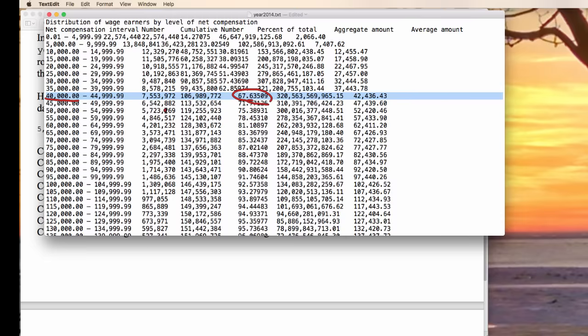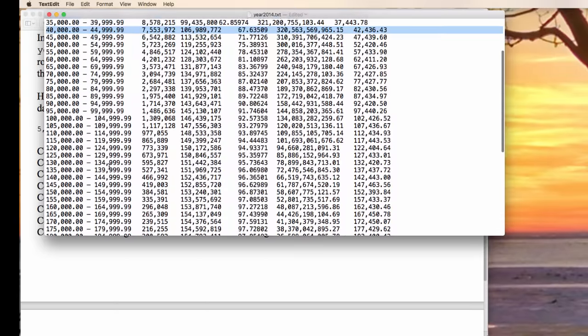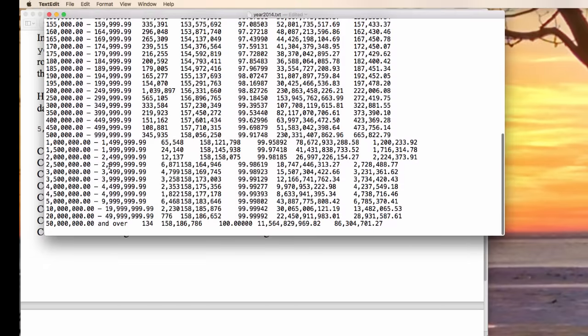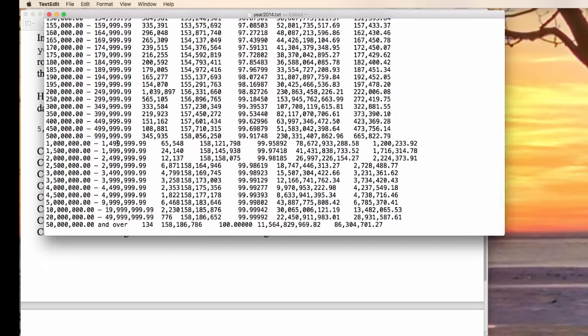So it's a little rough, but we still get to look at this chart and gain some information out of that. And notice these ranges are going up by amounts of $5,000, and then it changes up here, starts going up by even greater amounts.